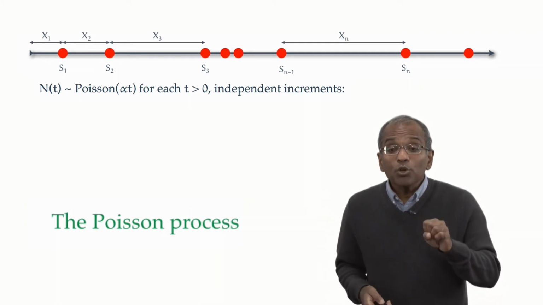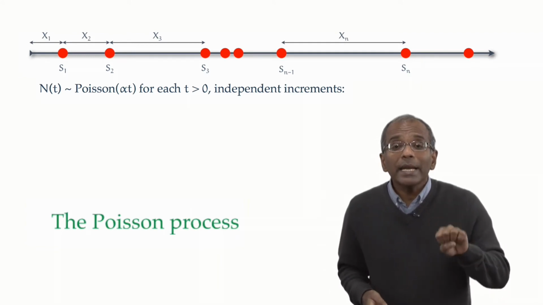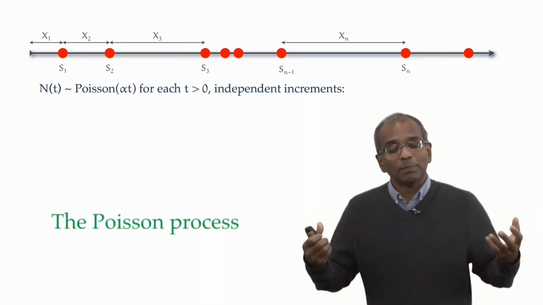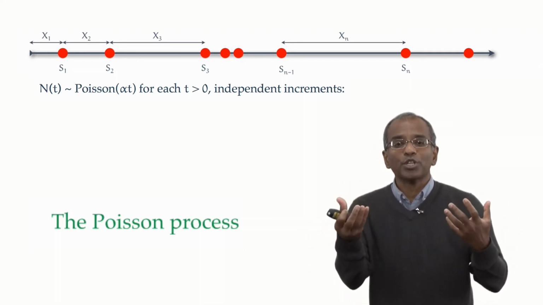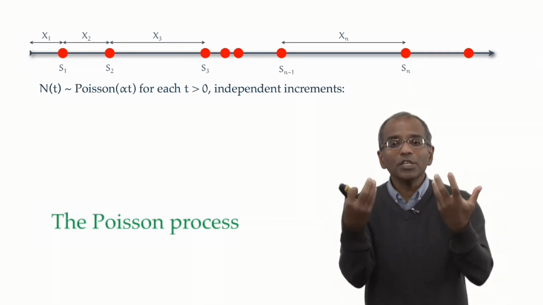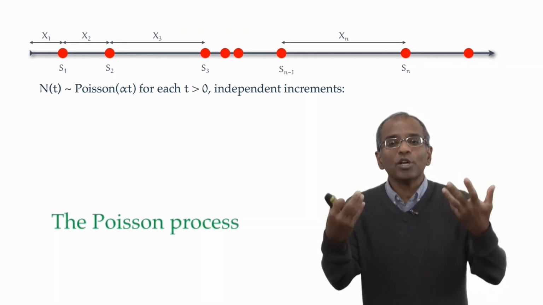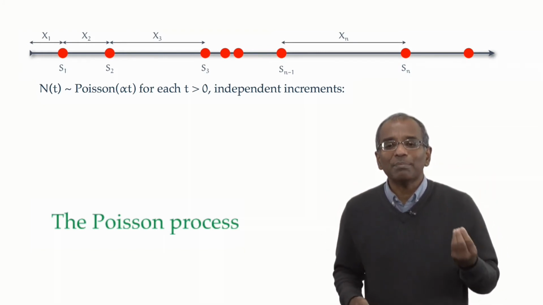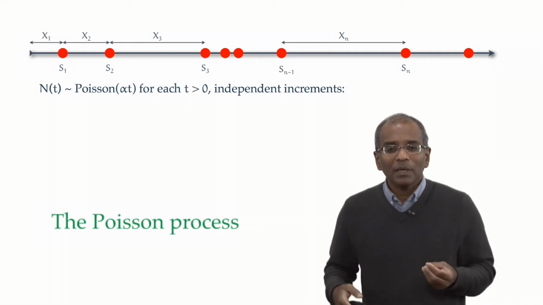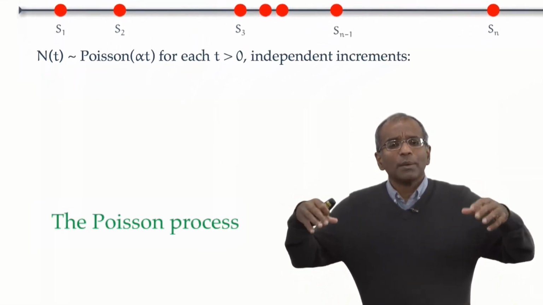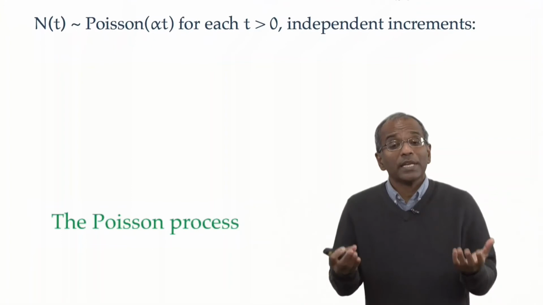The process is characterized by independent increments. What that means is the number of Poisson points, the number of arrivals in disjoint intervals, in disjoint regions, constitute independent trials. How does one characterize such a process? What is the underlying sample space?